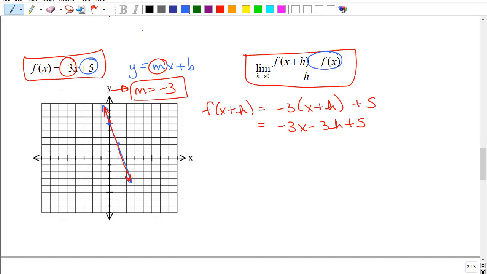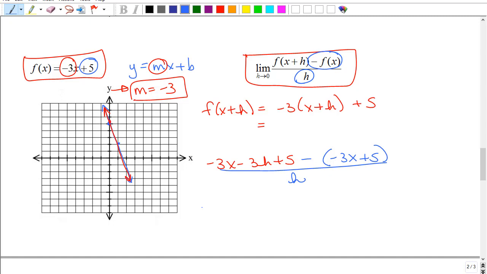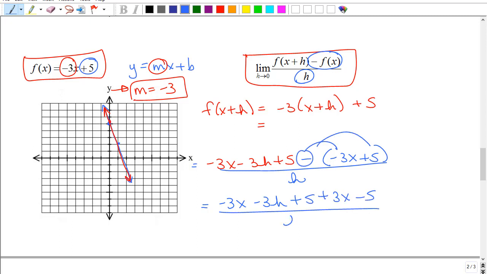All right, so I'm going to kind of cheat here and say, now I have this, and I'm going to subtract my original function, and divide by h. Let's see what happens. So this would be negative 3x minus 3h plus 5. I need to distribute that minus sign. I need to collect like terms.